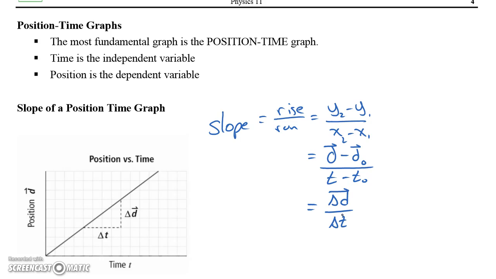That is displacement over time, and that is velocity. So the key here is that velocity is determined by the slope of a position time graph.